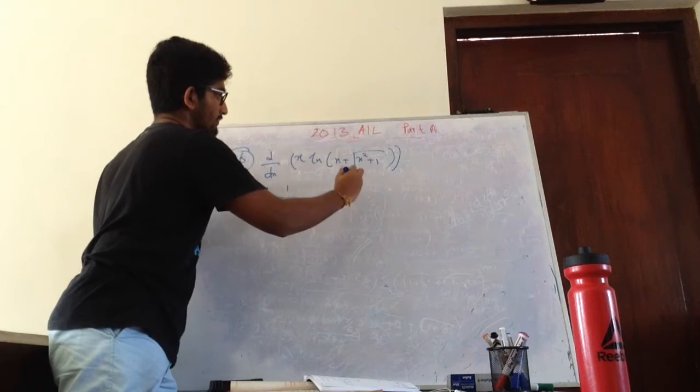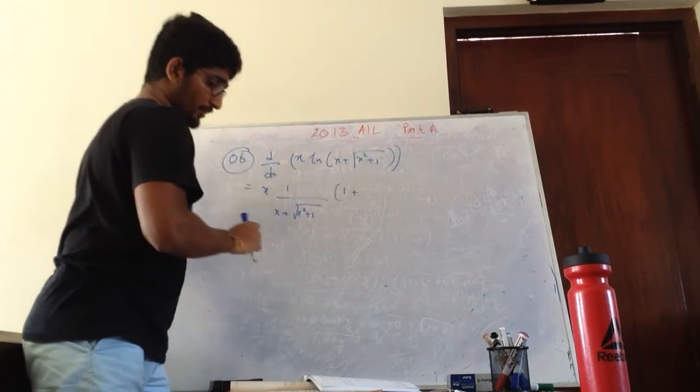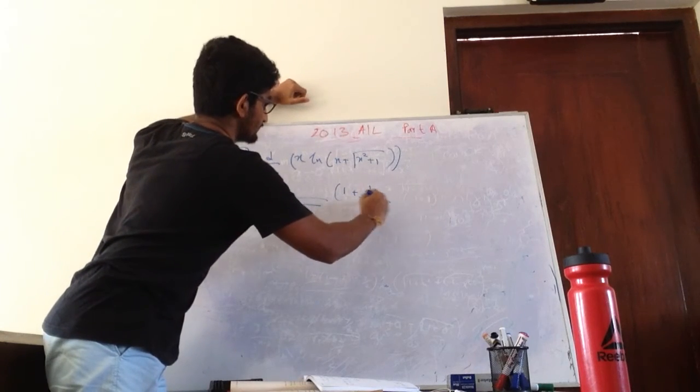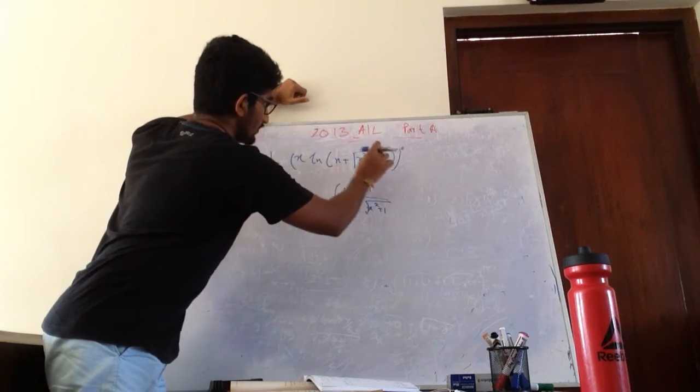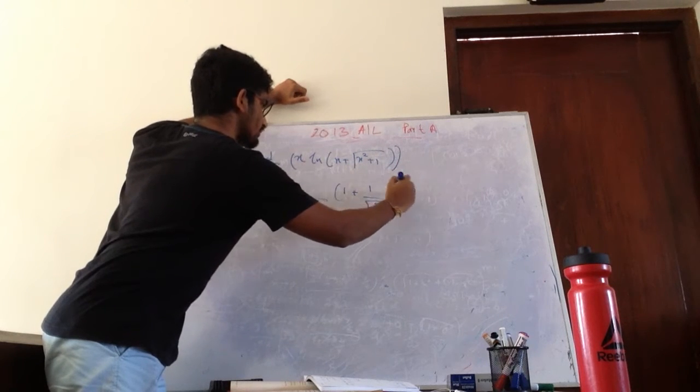If I differentiate this part, what is inside is going to be 1, and it's going to be 2x, right?